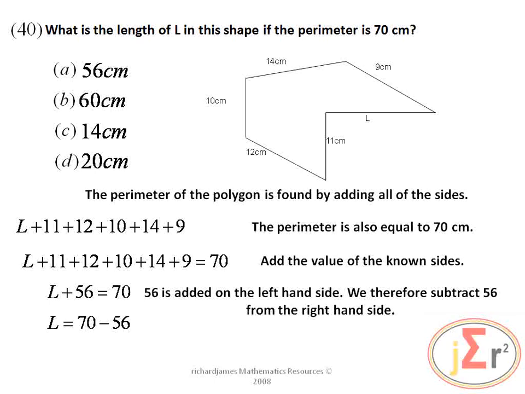So L is equal to 70 minus 56, and that is equal to 14 centimeters. The answer is option C. And that is our last problem in this section of problem paper 3.